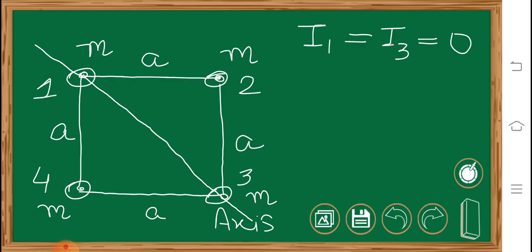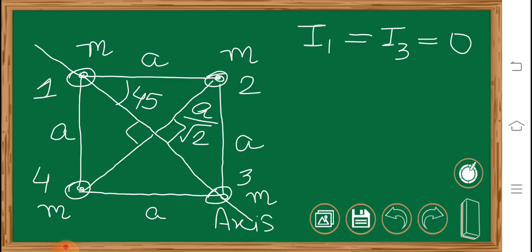Now this 2, if I draw this perpendicular distance, as this angle is 45 degrees, so this side will be a sine 45, which means a by root 2. Again, this particular side perpendicular will again be a by root 2.